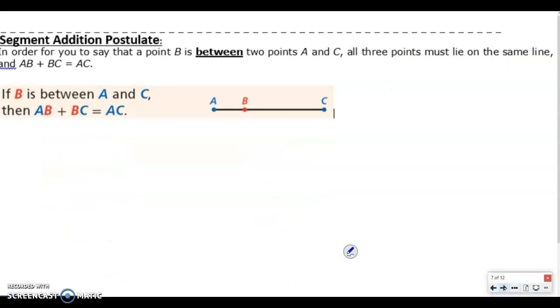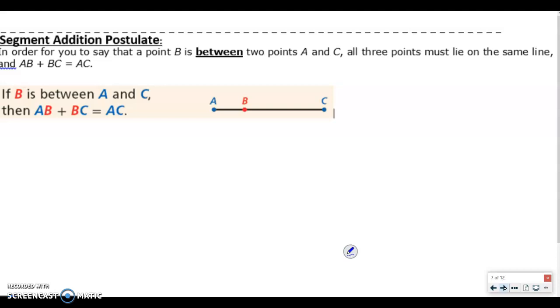Now let's look at the segment addition postulate. In order for you to say that point B is between points A and C, all 3 points must lie on the same line, and AB plus BC equals AC. So your segment addition postulate is AB plus BC equals AC.